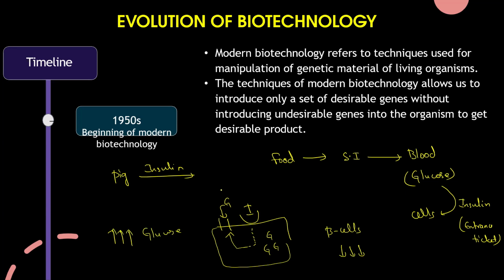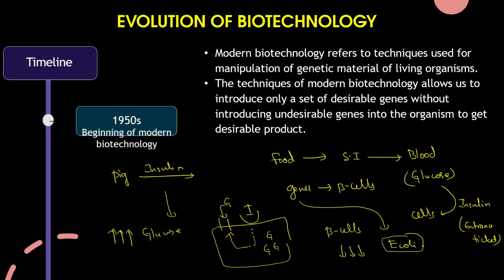So initially, when there was no discovery of human insulin, we used to extract the insulin from the pig and give it to the patient. That was working, but the patient showed so many adverse reactions because it's still a pig's insulin. So our body is not accepting it. It is rejecting it. So what scientists have done is they extracted the genes from the beta cells of the human and they inserted these genes into the E. coli DNA.